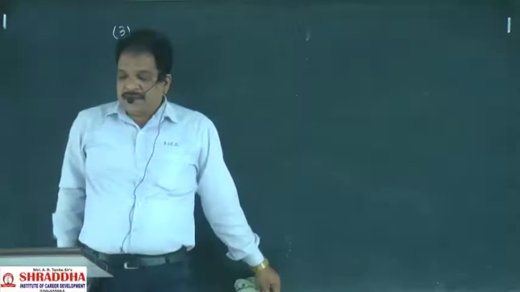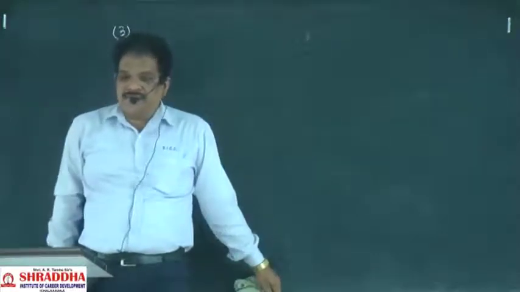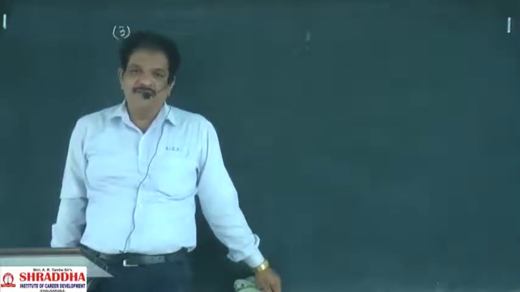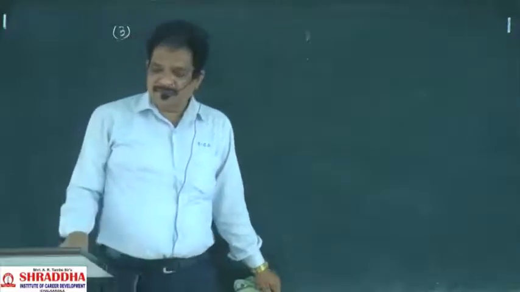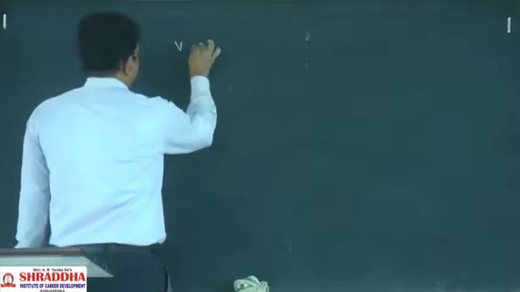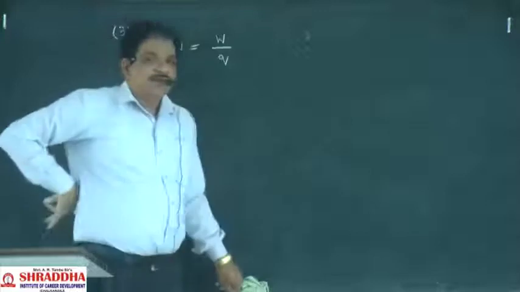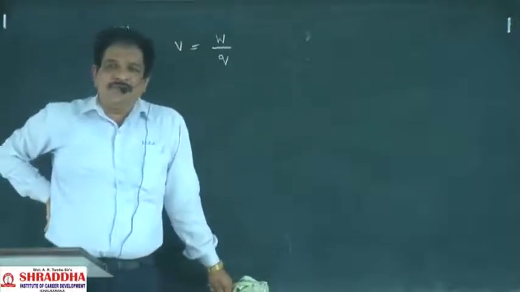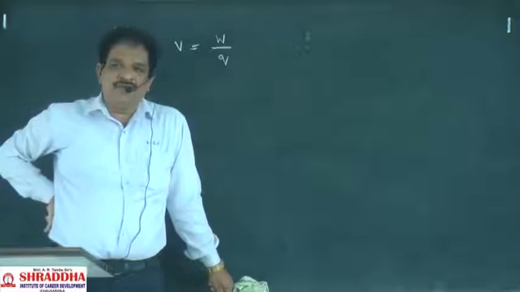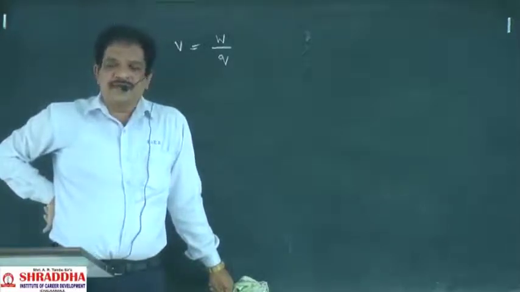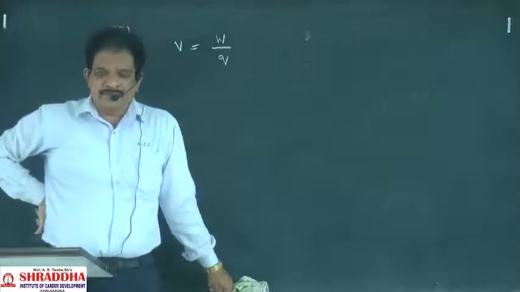Third, dimensions of EMF in the MKS value is how much? EMF means potential difference. Potential difference dimensions is how much? So V is equal to W by Q formula. Work done to bringing unit positive charge from infinity to a point in the electric field is called electric potential at that point.